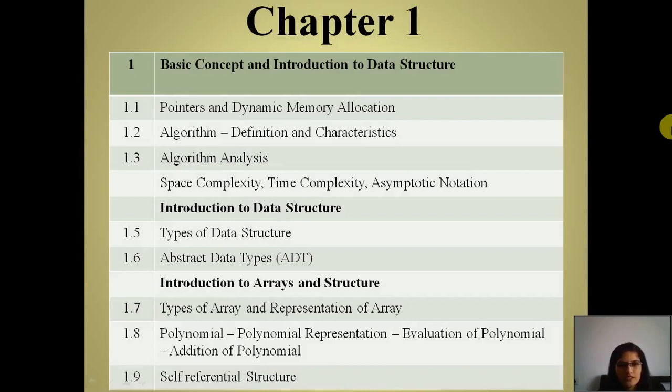In this, types of data structure and abstract data types are covered. Next, introduction to arrays and structure. In this, types of array and representation of array, polynomial representation, evaluation of polynomial and addition of polynomial are covered. And last is self-referential structure.